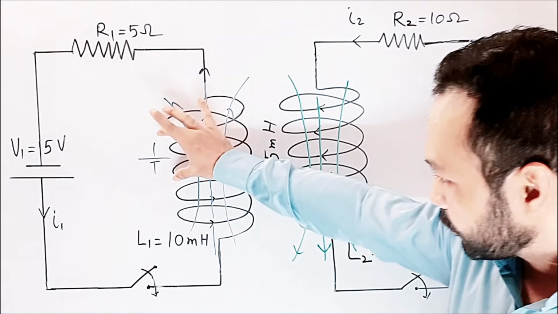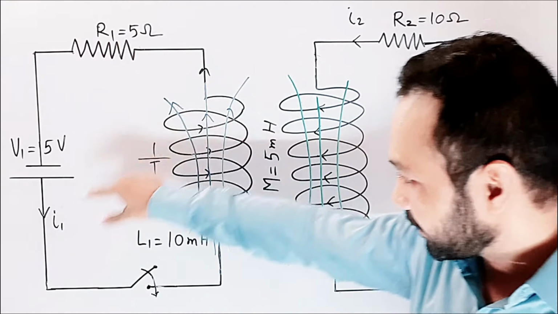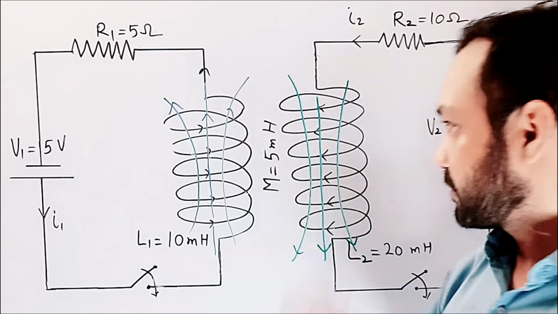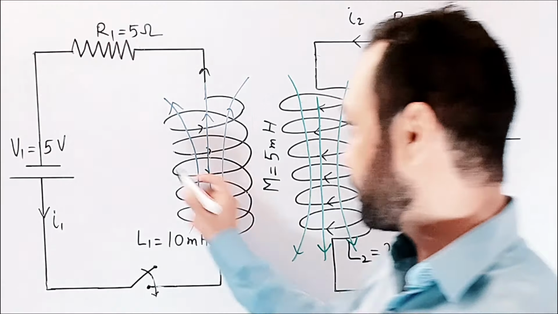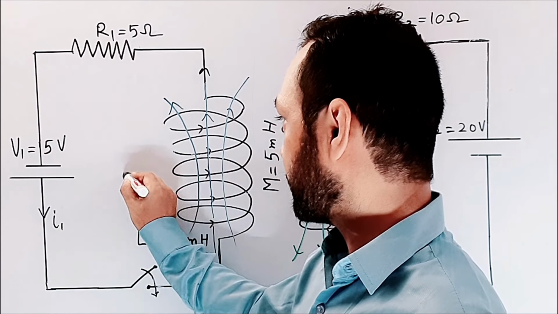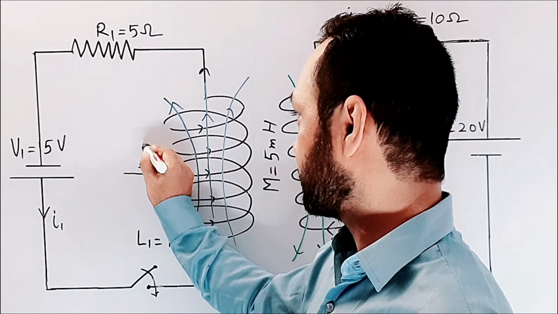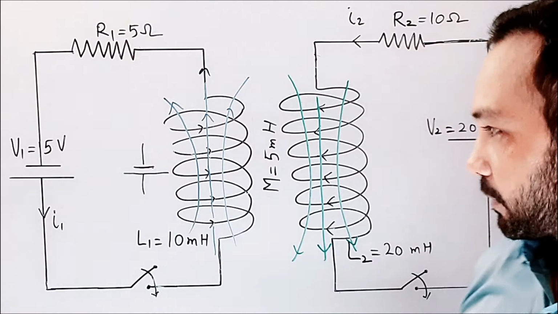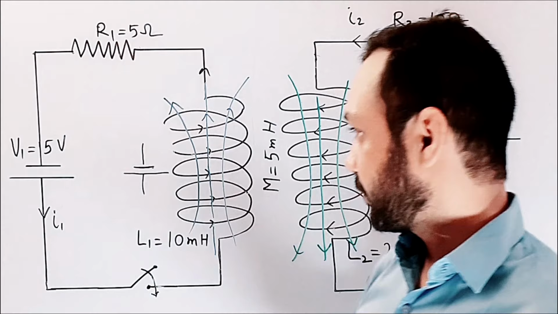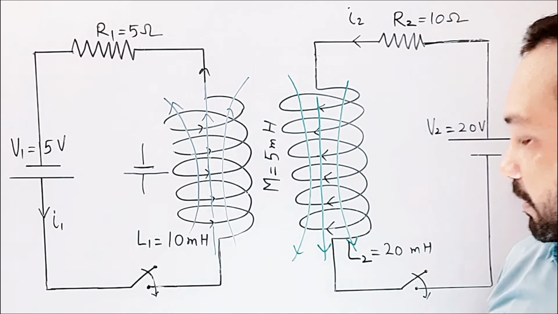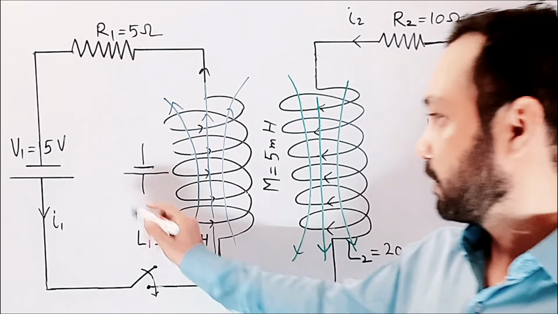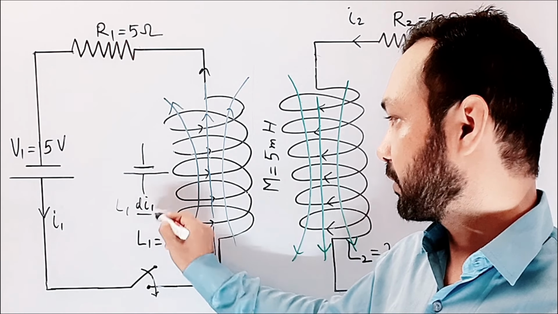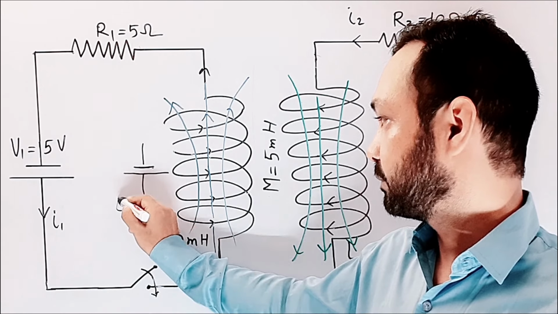So the induced battery I can put over here would be something like this. At time t, this is the induced battery, and that EMF would be L1 di1 by dt. I think that makes sense.